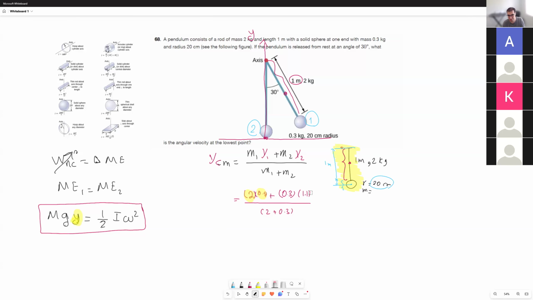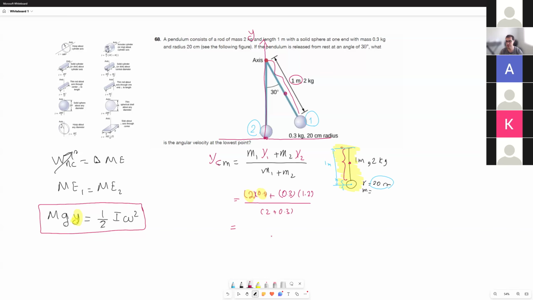Exactly. Yeah, 1.2 meters divided by the sum of the masses. So now you found the position of the center of mass when it is vertical.